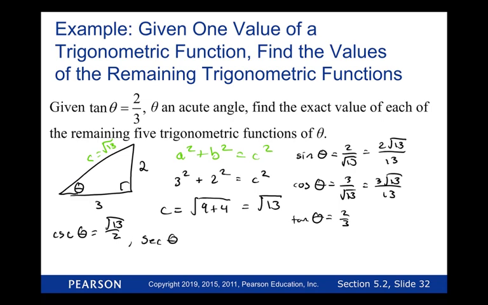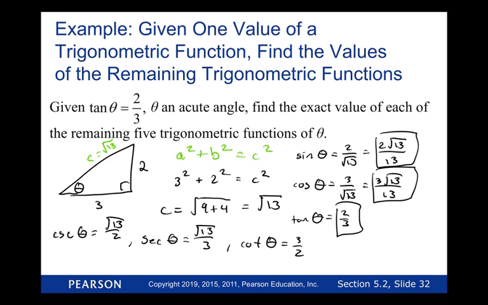Secant theta. And that's going to be what in this case? Radical 13 over 3. And then the last one, cotangent, is the reciprocal of tangent, and that's going to be, in this case, 3 over 2. So we got this result, this result, this result, this one, and this one.